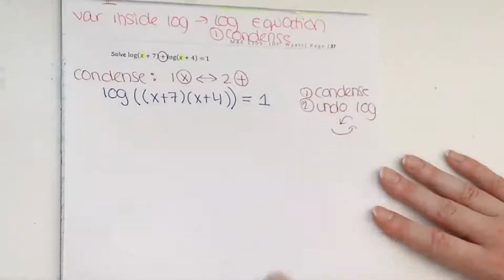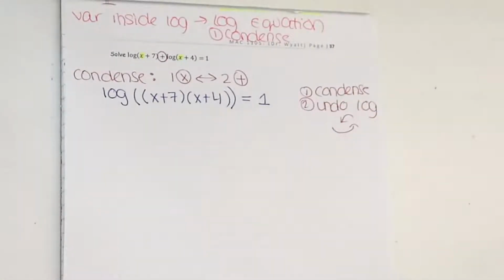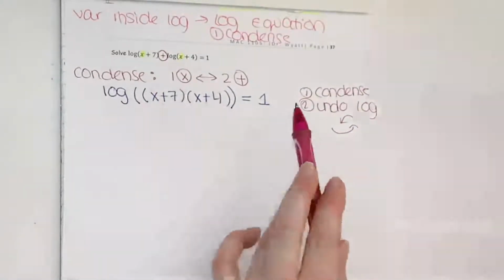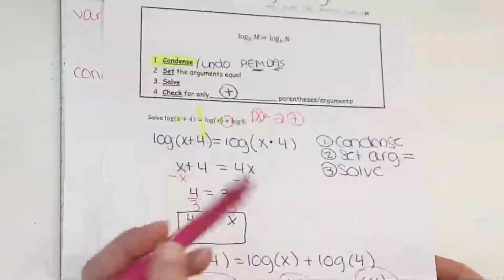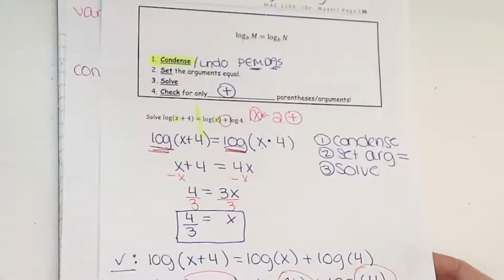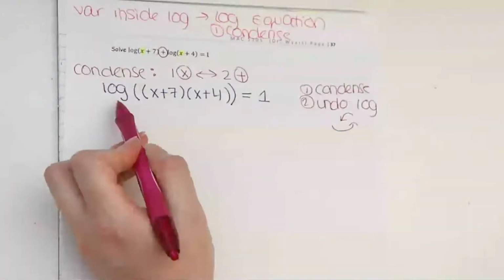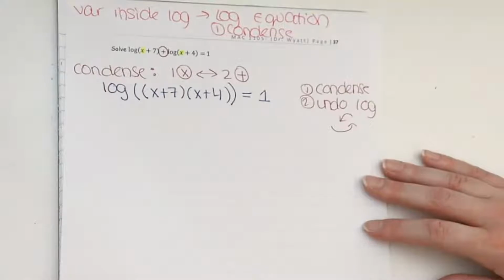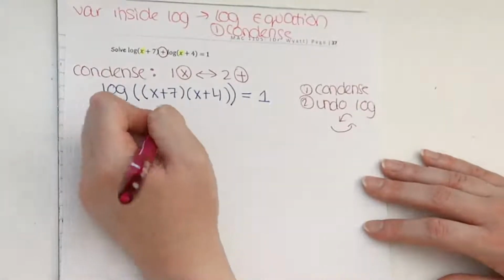Now, we're not setting the arguments equal here because we don't have log equal to log. Over here, we had a logarithm equal to a logarithm, so we could set those arguments equal. But here, we just have a single logarithm equal to a number. And so to undo that logarithm, we're going to do the raise equal to.